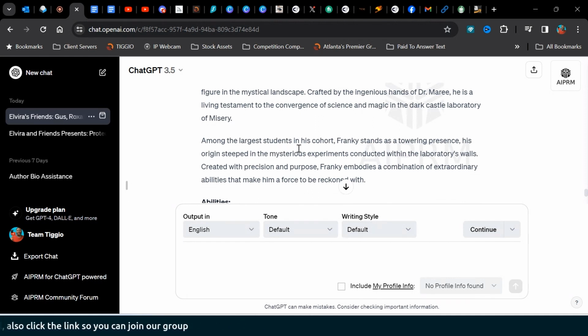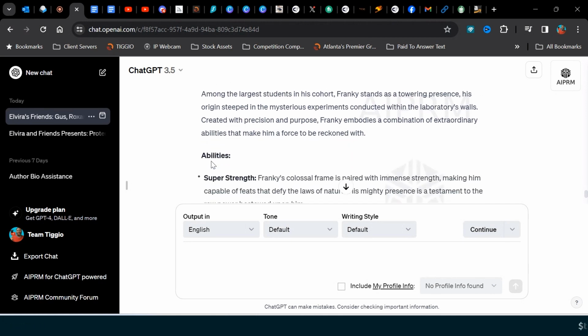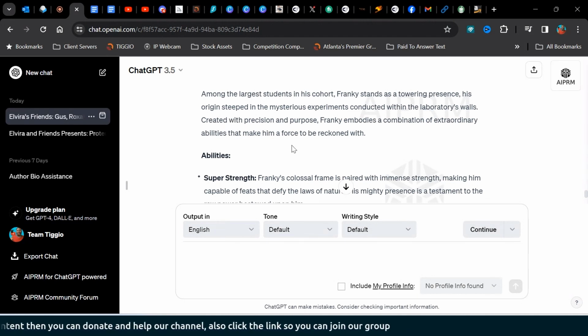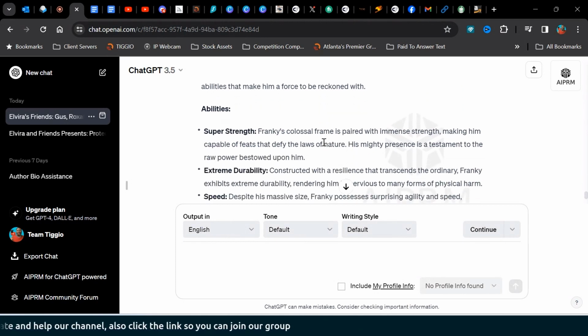Among the largest students in the cohort, Frankie stands as a towering presence, his origin steeped in the mysterious experiments conducted within the laboratory walls. Created with precision and purpose, Frankie embodies a combination of extraordinary abilities, making him a force to reckon with.